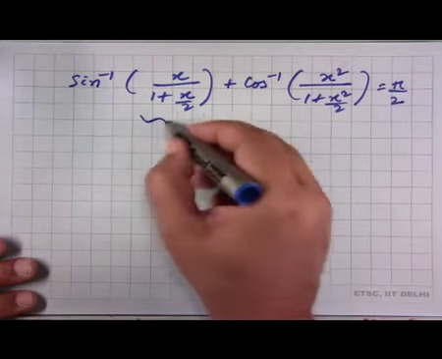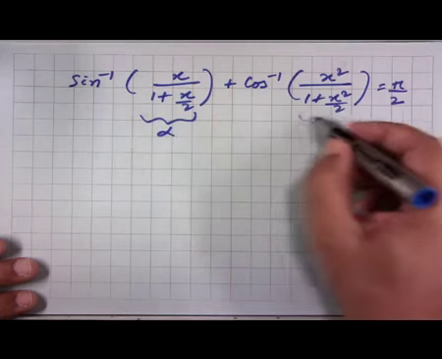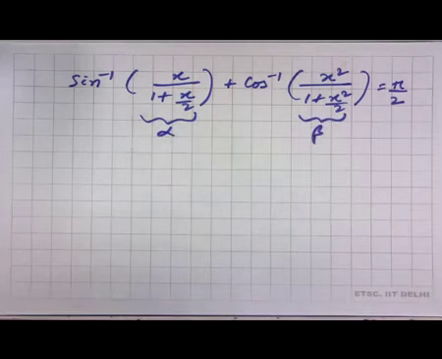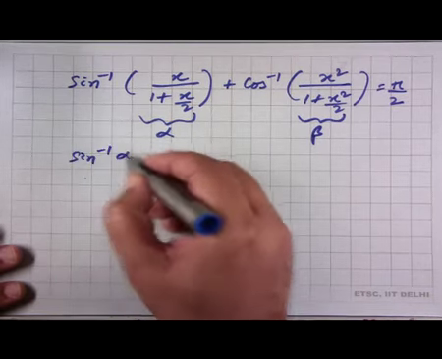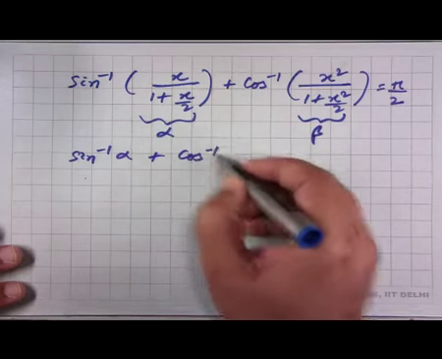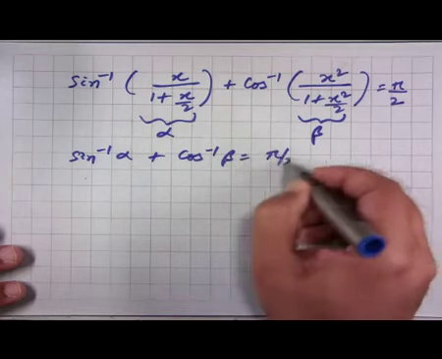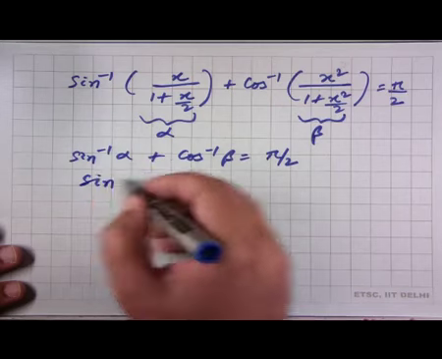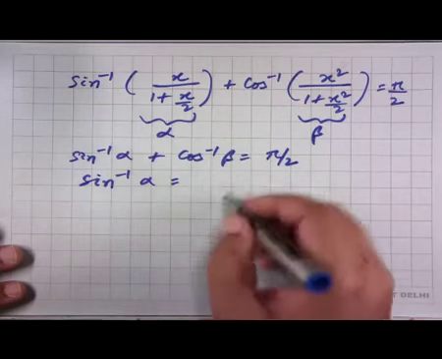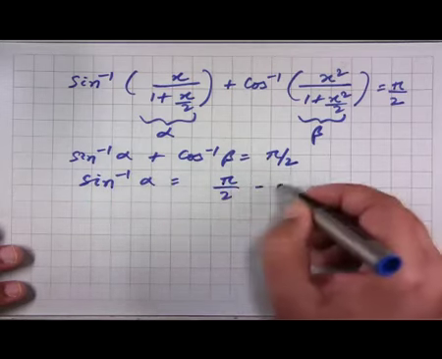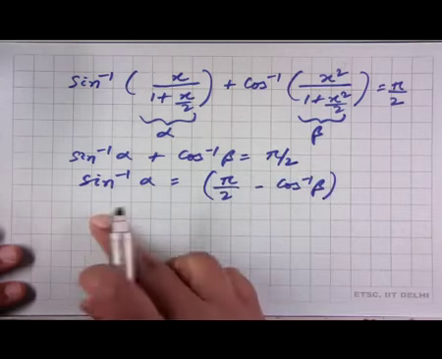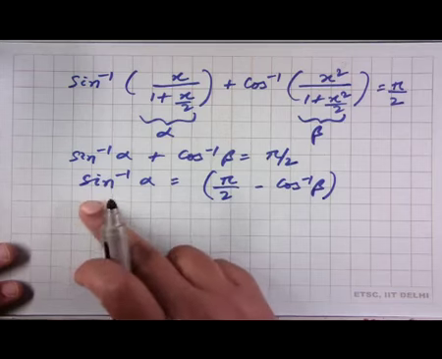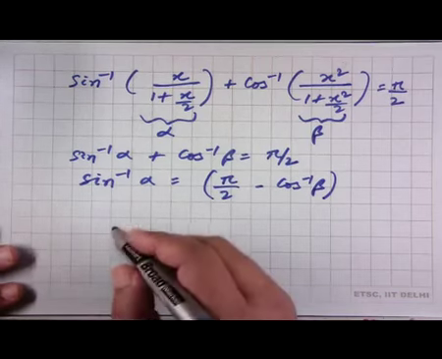So, let us denote this thing by alpha and the other term, which is the argument of the cos inverse function, by beta. So, essentially what we have here is that sine inverse alpha plus cos inverse beta is pi by 2, and that is the same as saying that sine inverse alpha is equal to pi by 2 minus cos inverse beta.